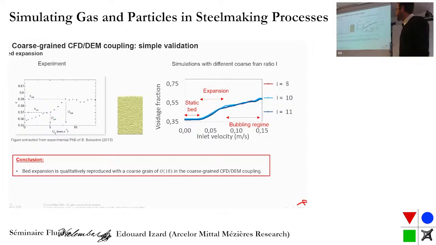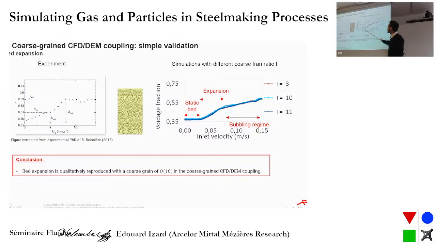Here also it's an experiment of the bed expansion. When you start to fluidize, you have an unsteady behavior where you increasingly enlarge the volume taken by the particles. So the porosity increases as a function of the velocity.